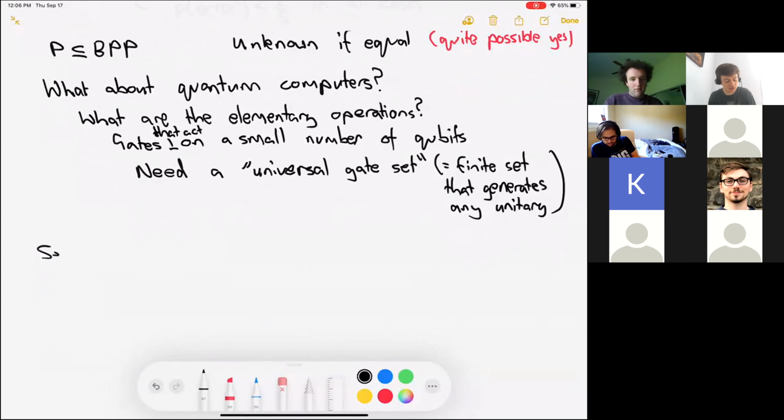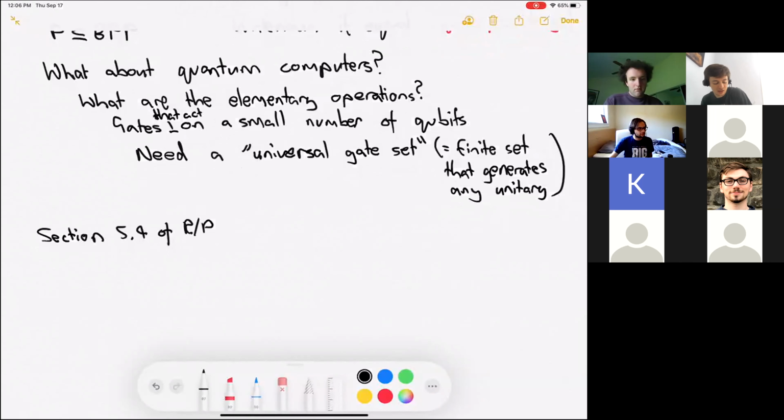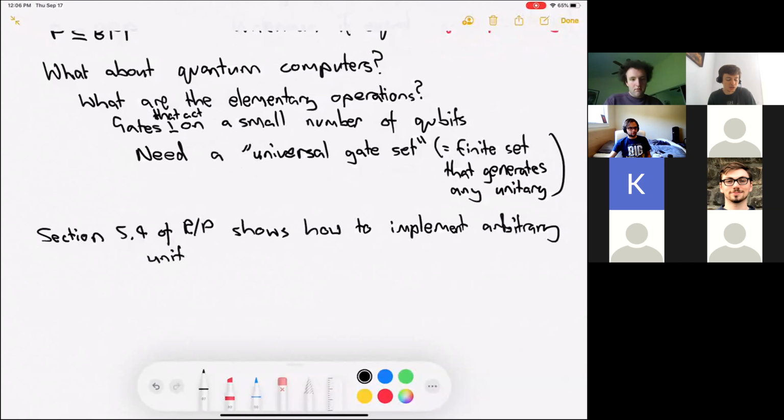So in section 5.4 of Rieffel and Polak, it goes through in great detail how to implement arbitrary unitaries just using two things.